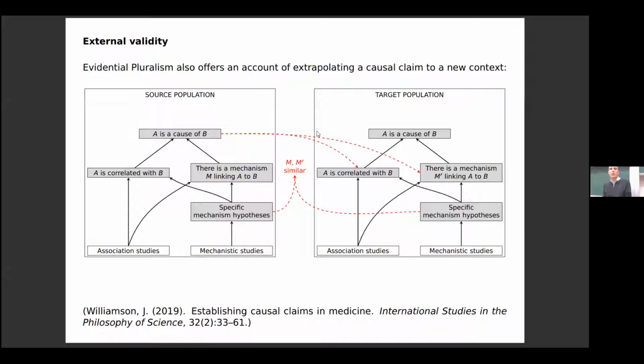So we get a kind of boosting. This mechanistic aspect of evidential pluralism gives us a nice account of extrapolation from a source population to a target population.